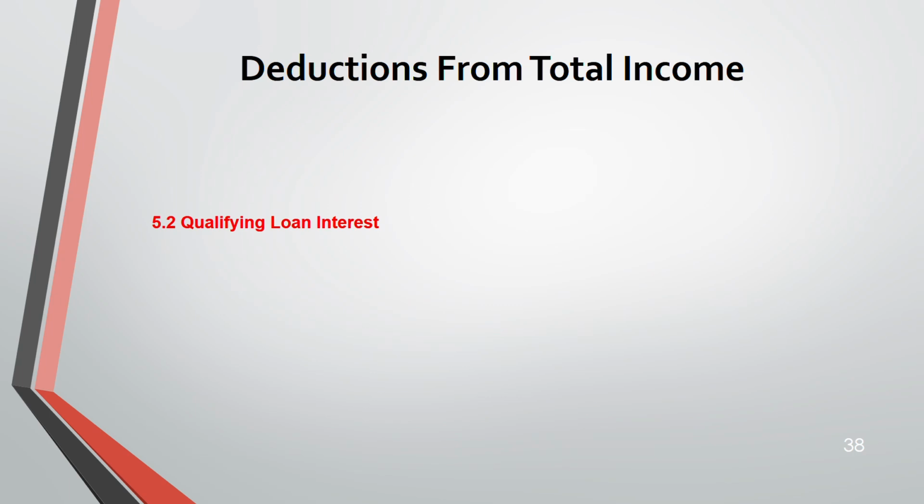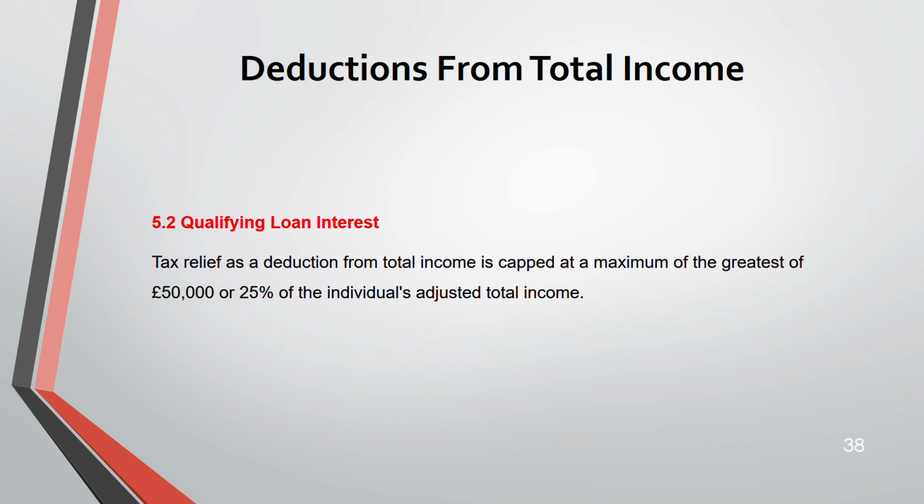Now moving on to the qualifying loan interest. So the tax relief that you are getting, that means the deduction from the total income, there is a limit. The maximum you can deduct is the greater of 50,000 or 25% of the adjusted total income, whichever is the greater.